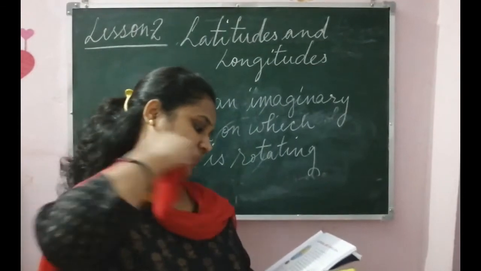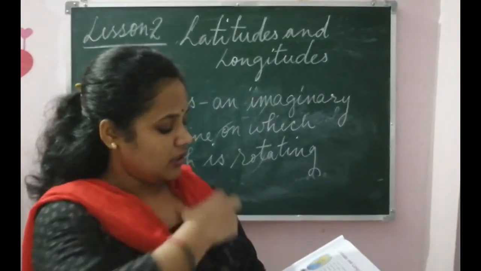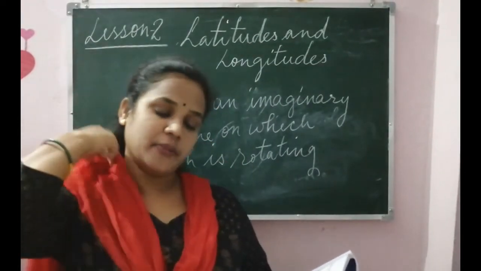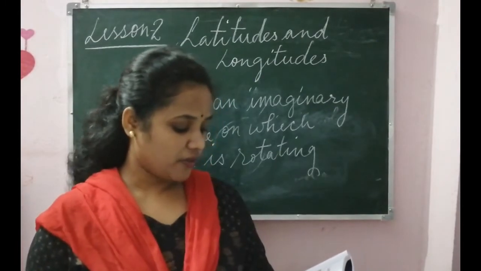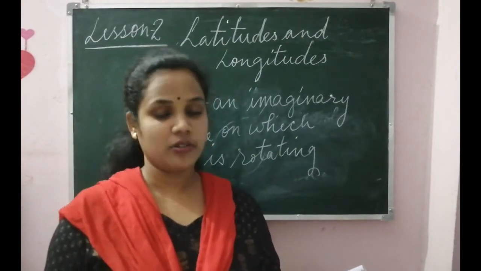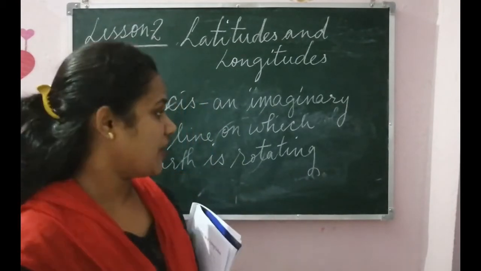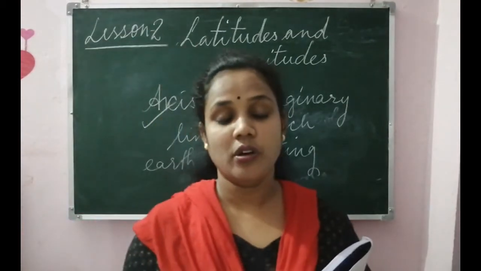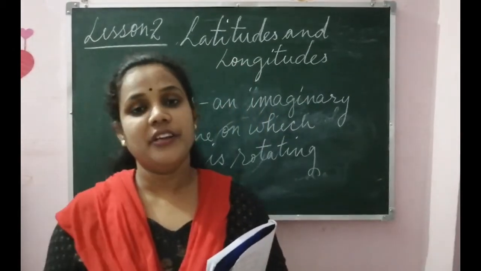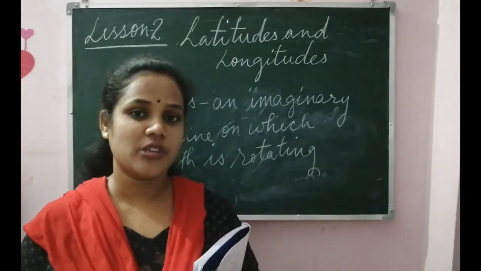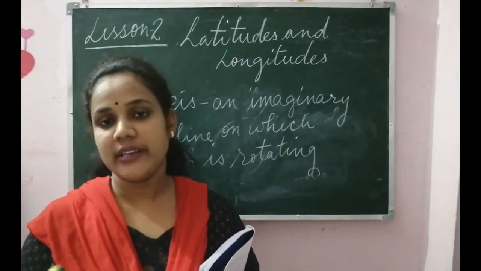Next we have to know about the location of different places of the world. The geographers chose some lines to be drawn on the earth, in east and west, north and south directions. Now if you have to find a place on the globe or on the earth, it's very difficult because it is round, spherical in shape.